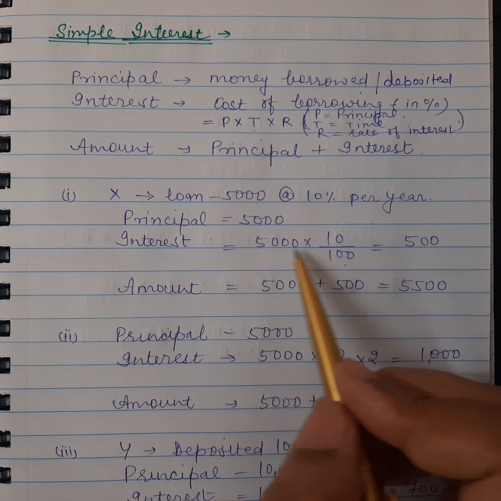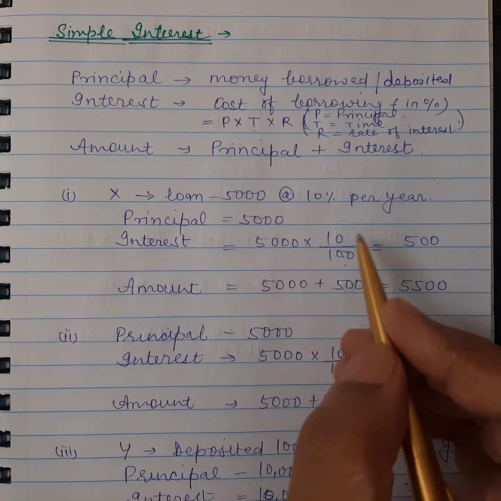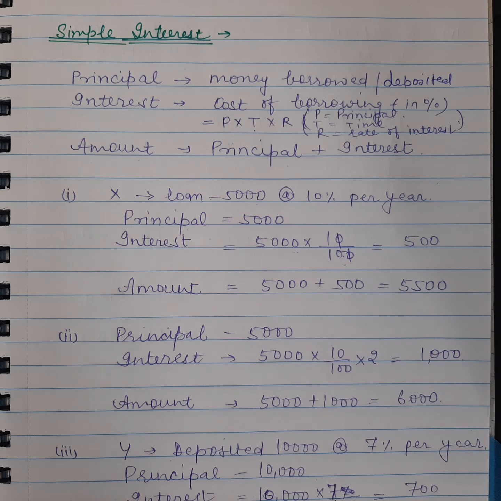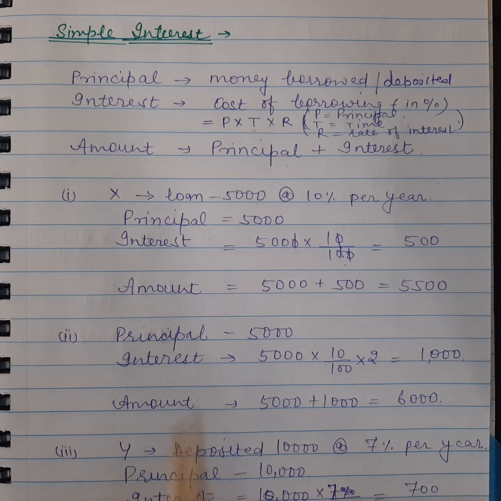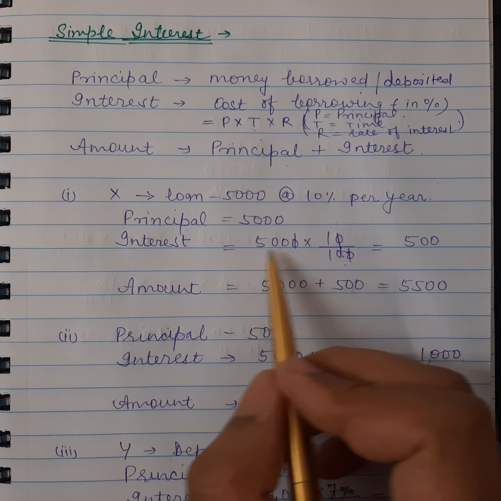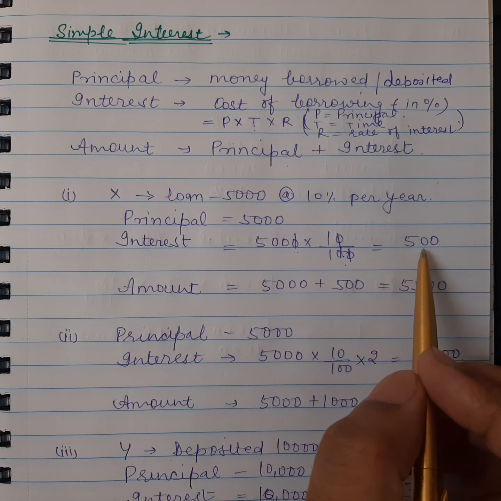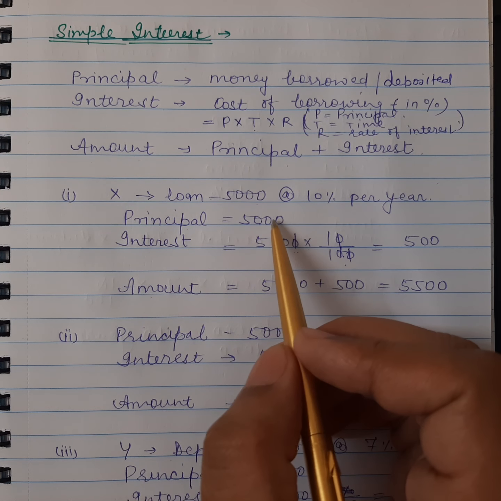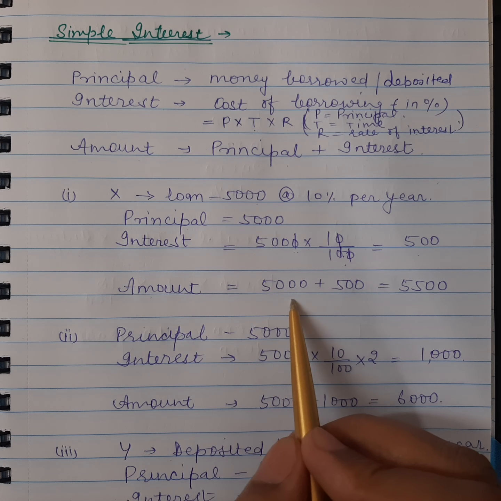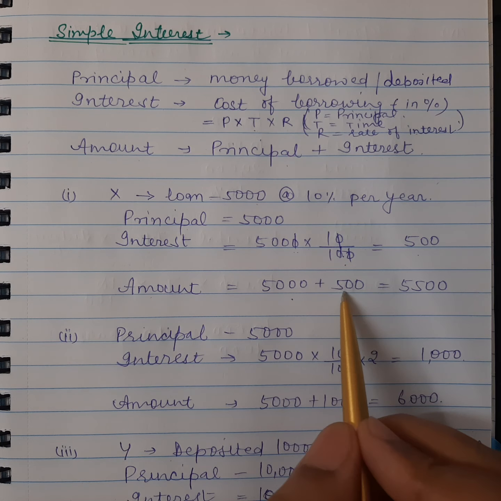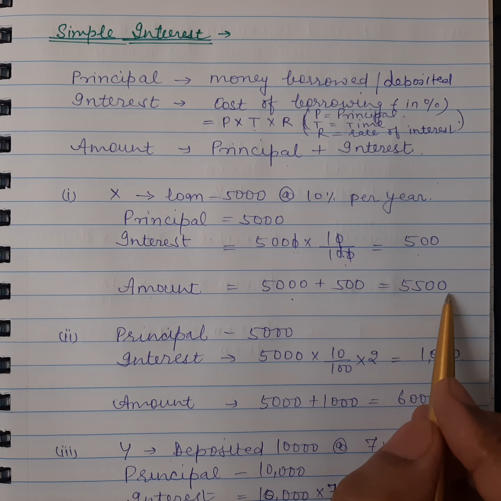If we solve this expression, we can reduce 10 with 10, and then reduce 10 with 5,000, and we get 500 rupees. So 500 will be the interest. Amount will be the principal plus the interest, so 5,000 rupees plus 500 rupees. So amount will be 5,500 rupees.